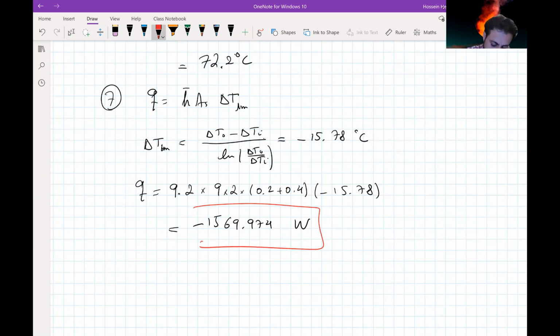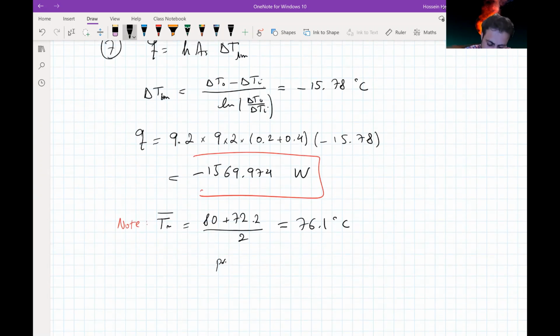And a quick note here: if I reevaluate the average T_m, it is 80 plus 72.2 divided by 2, that's 76.1 degrees C. We evaluated properties at 80 degrees C, the inlet temperature, and since the difference is small, this is close enough to the average mean temperature, so we are not going to do recalculations.